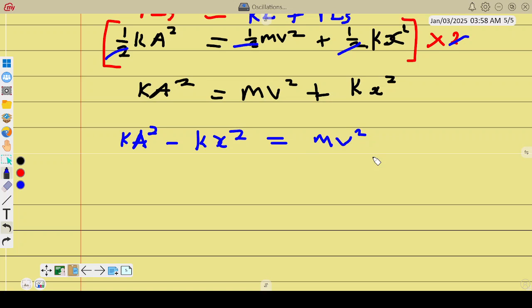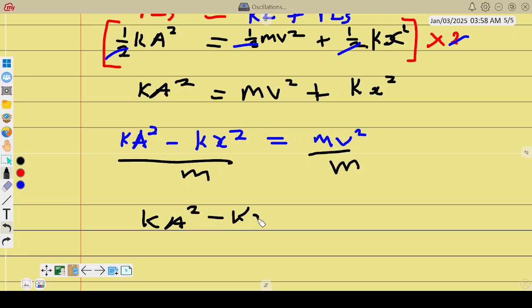So mv squared there, and we're still making v the subject, so we can divide by m. Even here we divide by m, so that we're going to have ka squared minus kx squared over m.